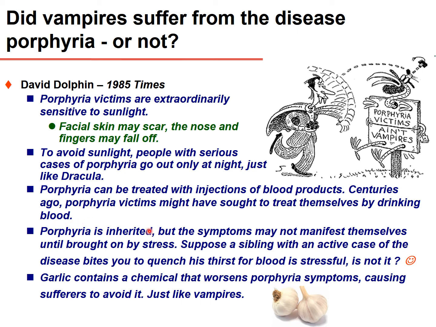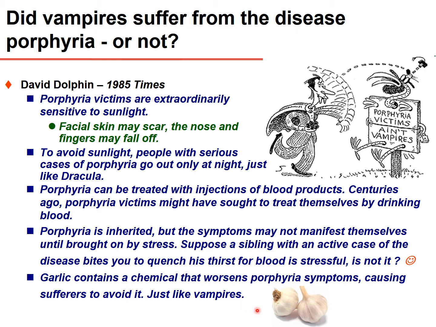And porphyria is inherited, but the symptoms may not manifest themselves until brought on by stress. Suppose a sibling with an active case of the disease bites you, which is stressful, isn't it? Now, garlic contains a chemical that worsens the porphyria symptoms, and this is why the vampires basically avoided garlic.